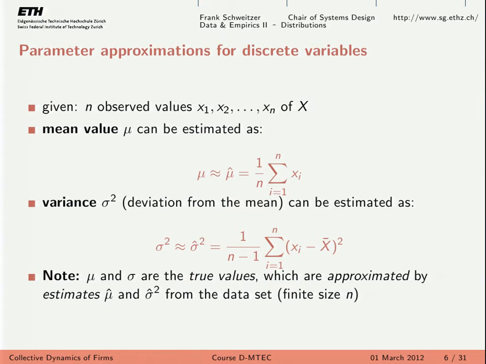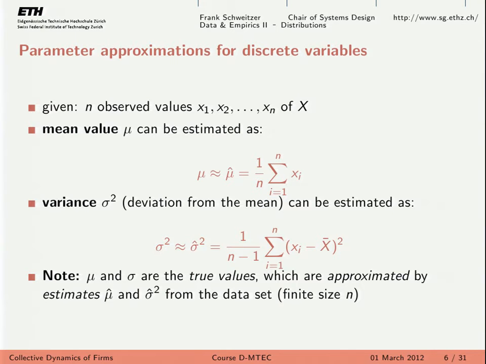I have a question, sorry. Capital X bar should be mu hat, actually. In this particular case, yes. In other cases, not. So it depends a bit. You are right. In this particular case, it's the mu when I write it like this, because I have defined it like this.